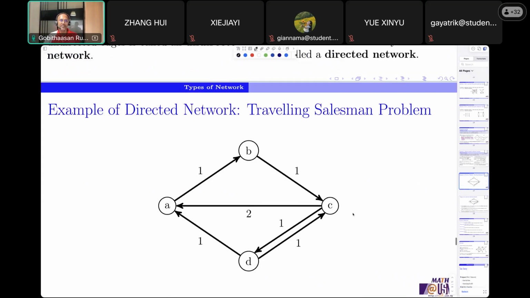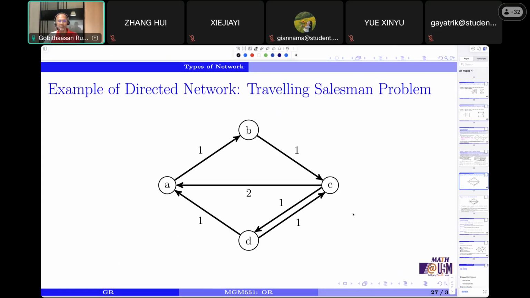Okay, example of a directed network. Usually, an example of a problem would be the traveling salesman problem, which we would look into in maybe 2 weeks or so. A salesman has to go to a number of places, for example, cities A, B, C, and D, in which there is a direction: how he's going to travel, where he's going to start, where he's going to end.